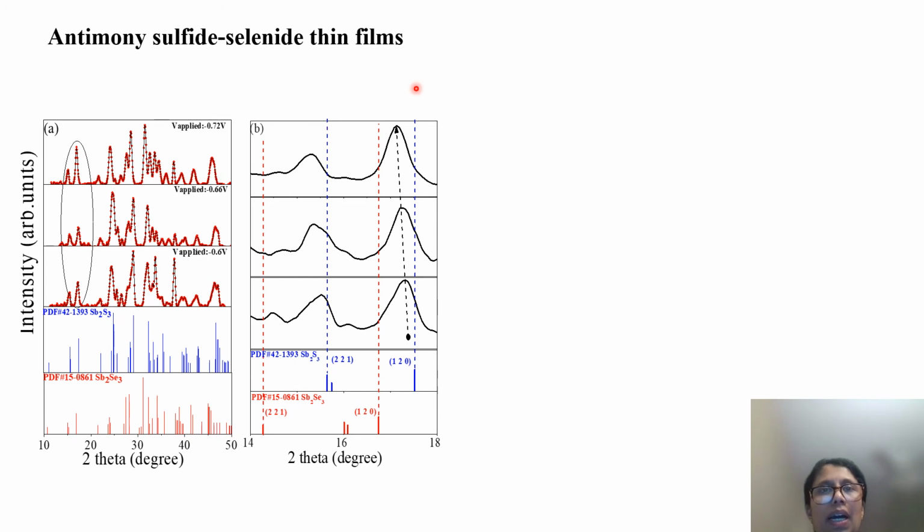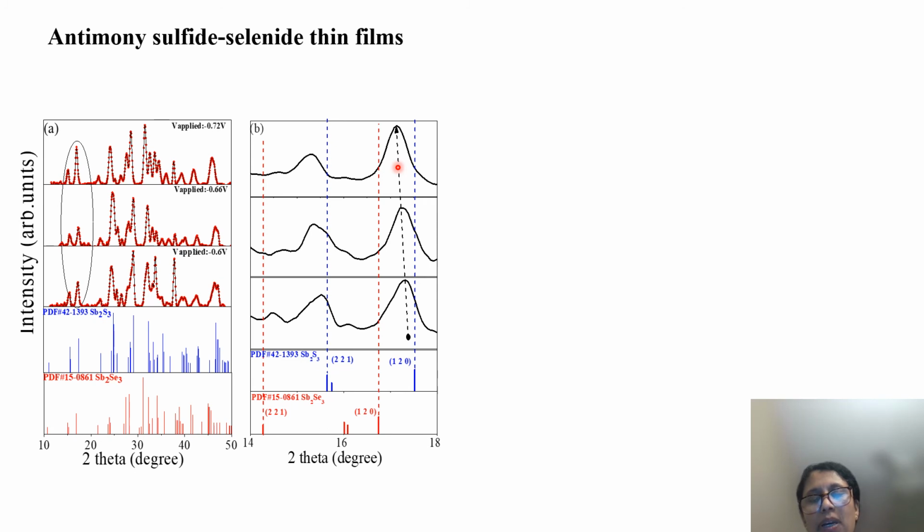Here I will show the results of the antimony sulfoselenide films. Taking this region, we can see that as the selenium concentration is increased, the peaks are shifted towards the lower region.